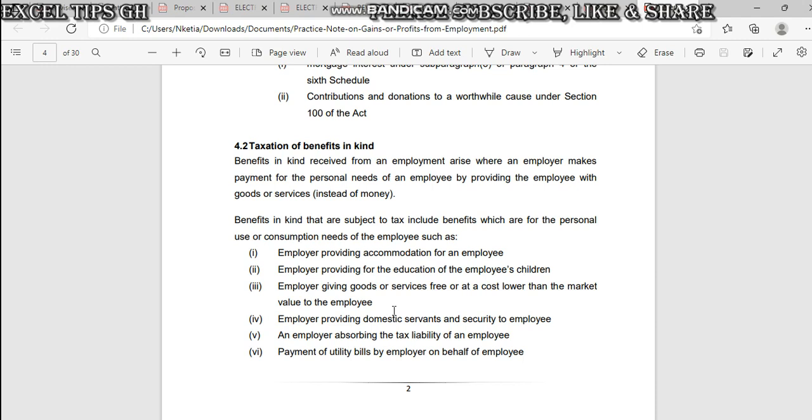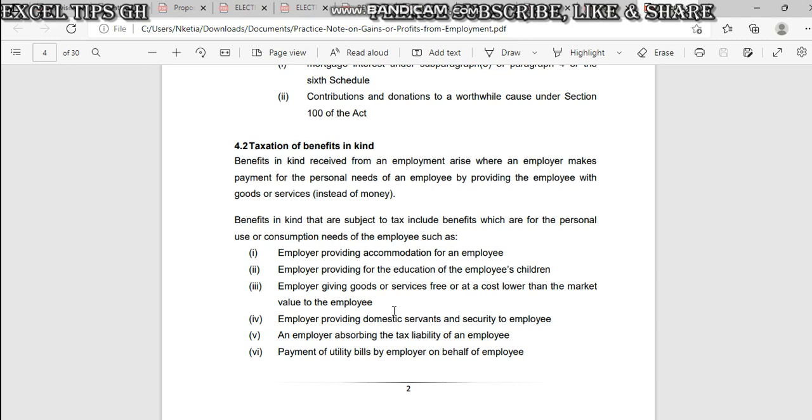And when the employer provides a domestic servant and security to the employee, for instance, they pay the wages and salaries of maids and security of the employee, the value of those payments is to be added back and then taxed. And when an employer absorbs the liability of an employee, the value of the absorption needs to be added back to the employee's gains so that it can be taxed.